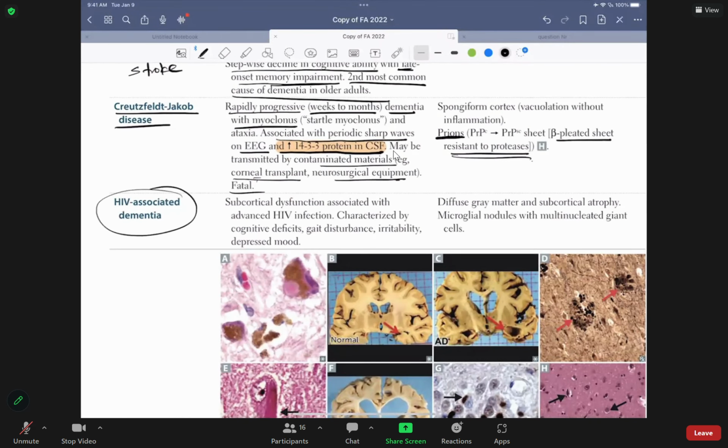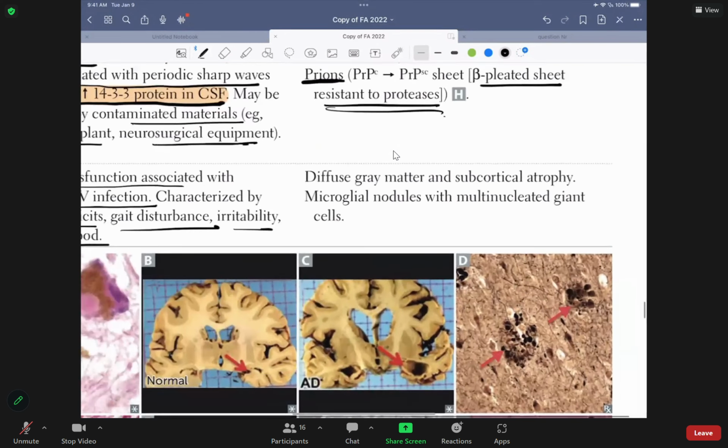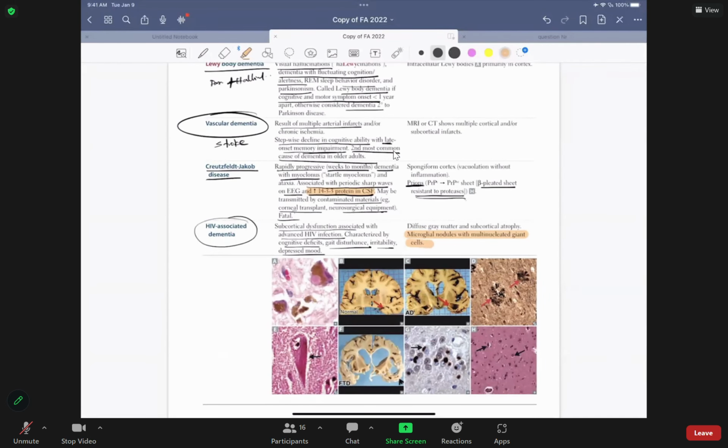HIV-associated dementia. This is important. It's a subcortical dysfunction associated with advanced HIV infection, characterized by cognitive deficits, gait disturbances, irritability, and depressed mood. I want to highlight this whole word. What's the macrophage of the brain? Microglial cells.